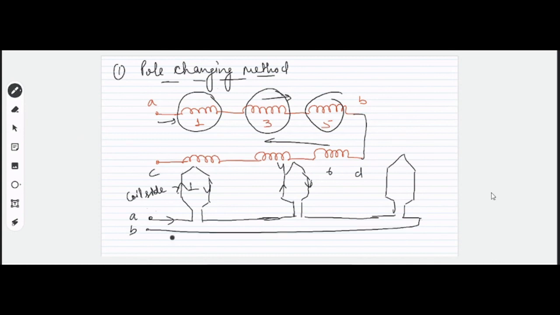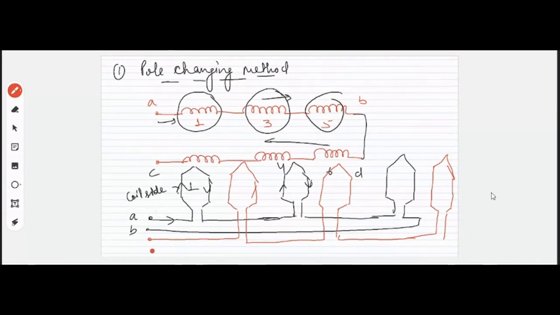For C and D, what we can do is C and D can be placed in between these two, right? In between these two, producing the pole in opposite direction to this. As if we will flow the current that will be in opposite direction to this, then obviously the pole that will be produced by these windings will be opposite to the previous one.